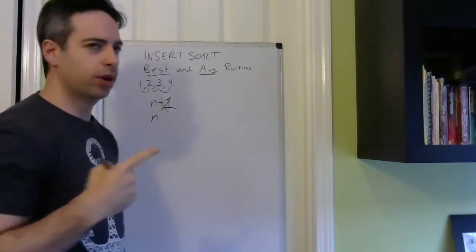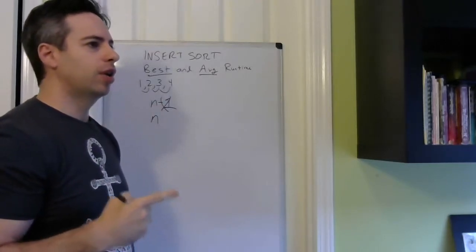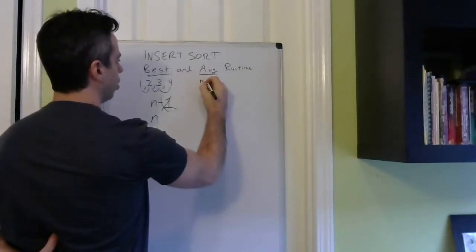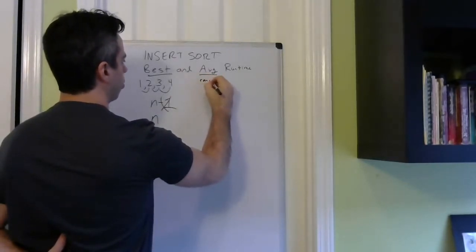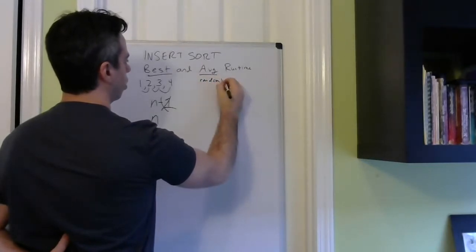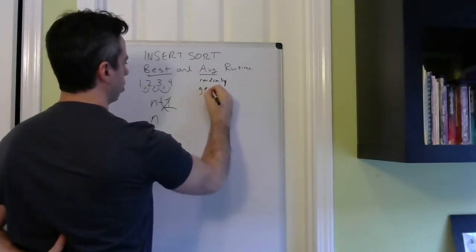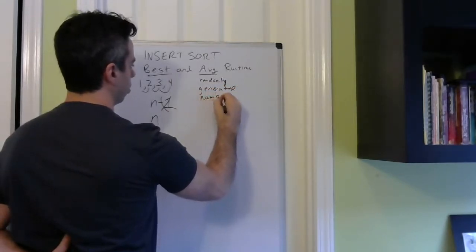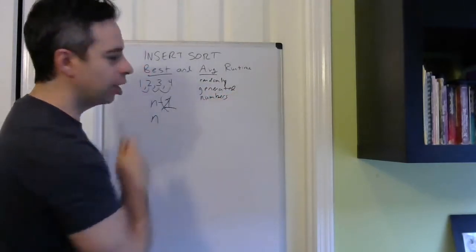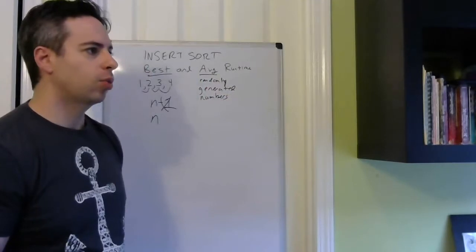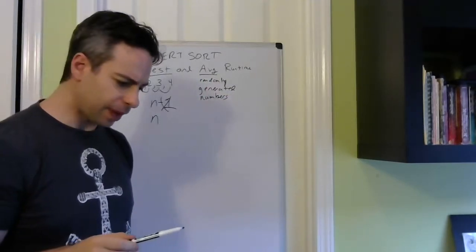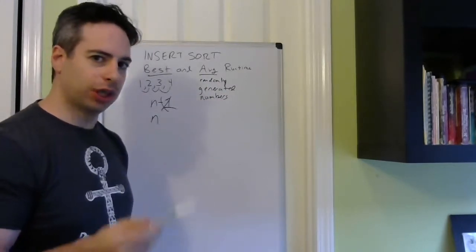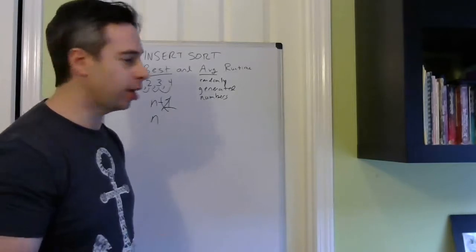Average runtime. Here's the thing about average runtime: you have to consider it's a set of randomly generated numbers. With randomly generated numbers, after looking at each number, half of the numbers to the left will be less than it if it's random.